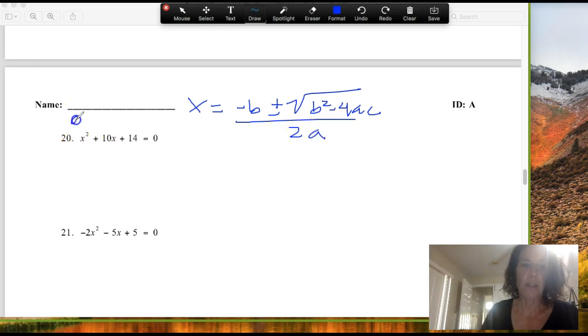So my a value is 1, my b value is 10, my c value is 14. So I'm going to go -b, hold on.